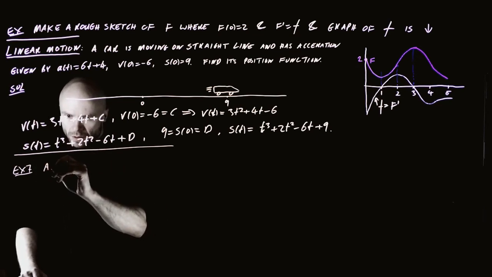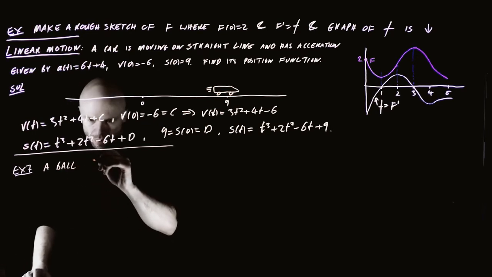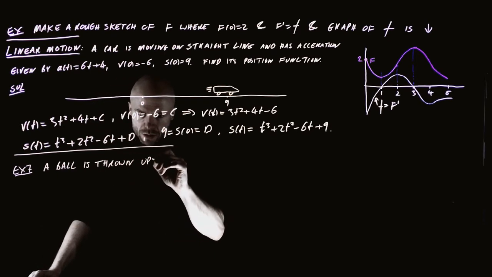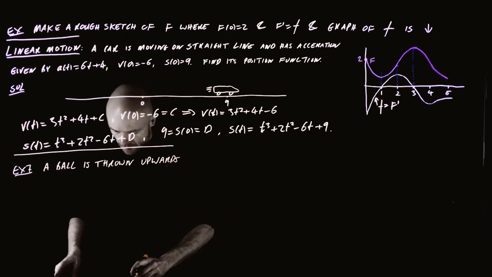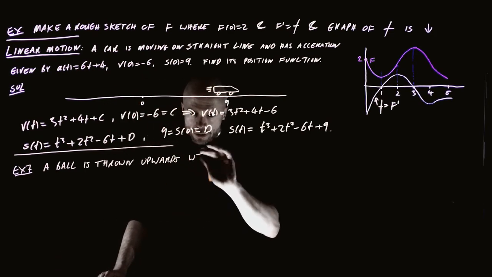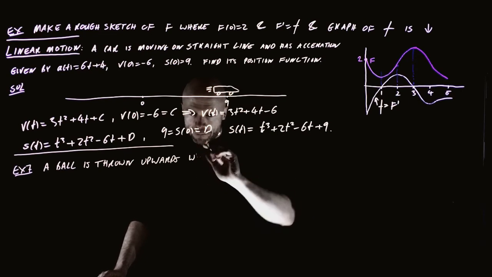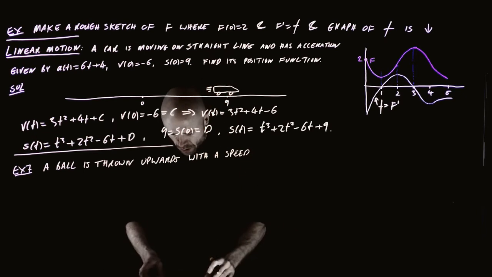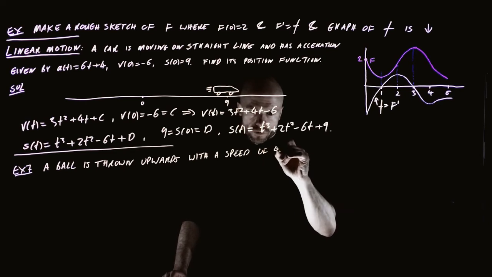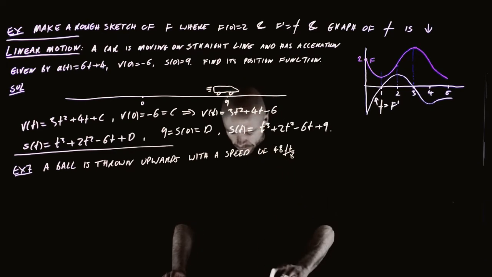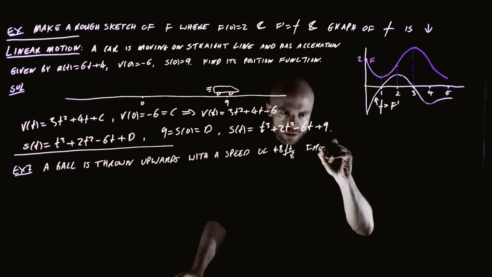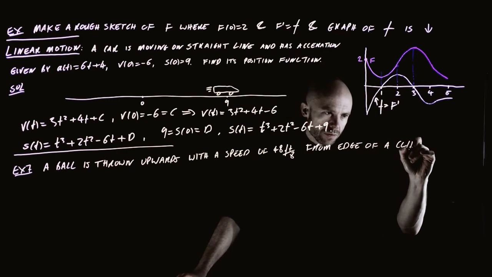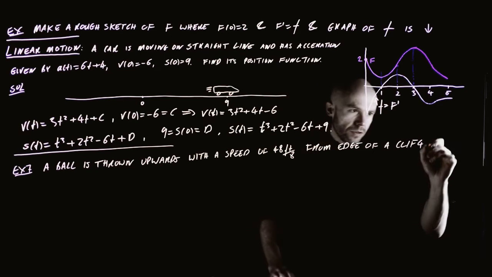Example 7. A ball is thrown upwards with a speed of 48 feet per second from the edge of a cliff which is 432 feet high.